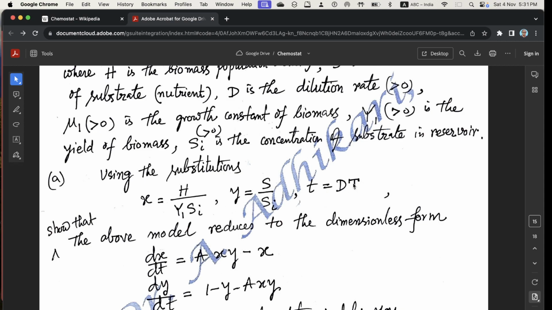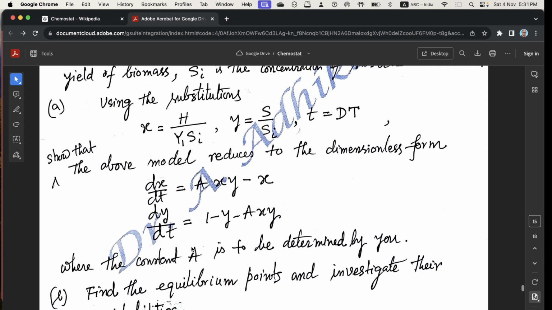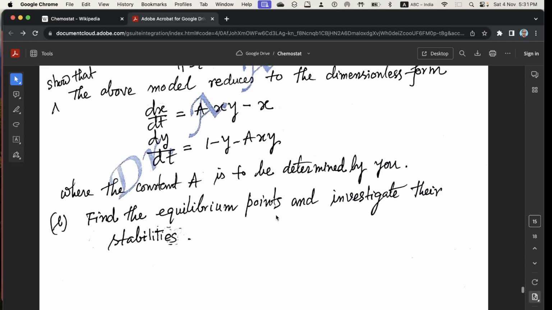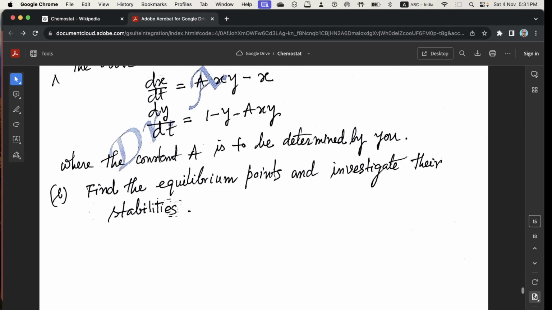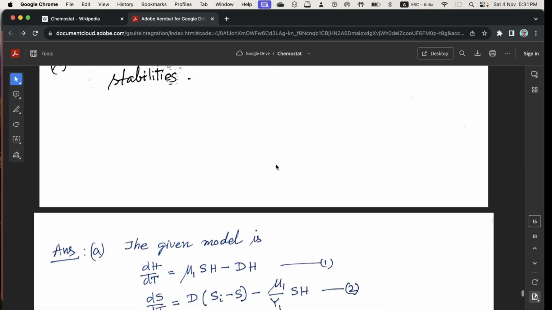Using the substitution x equal to H by Y1 Si and y equal to S by Si and t equal to Dt, the above model reduces to the dimensionless form dx dt equal to axy minus x, dy dt equal to 1 minus y minus axy, where the constant a is to be determined. Find the equilibrium points and investigate their stabilities.